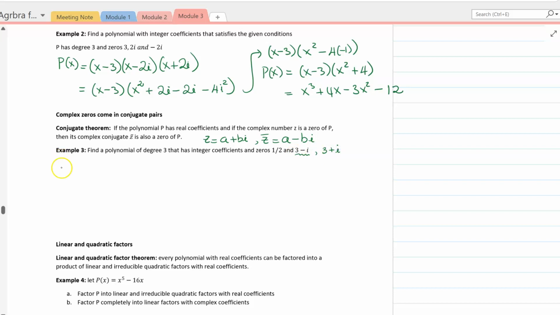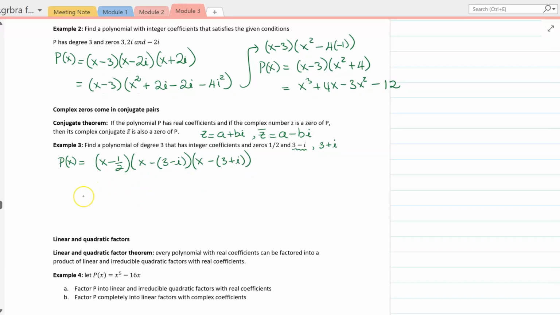Okay. So the polynomial that we're looking at is x minus negative a half, times x minus 3 minus i, times x minus 3 plus i.